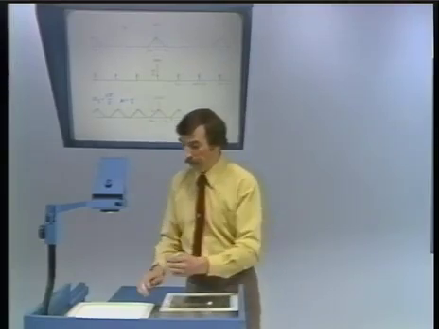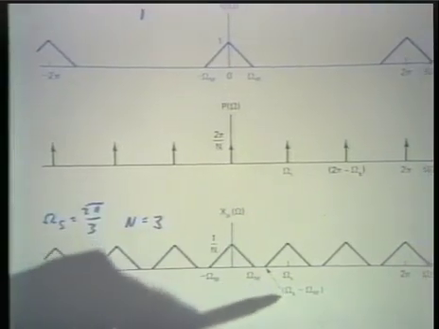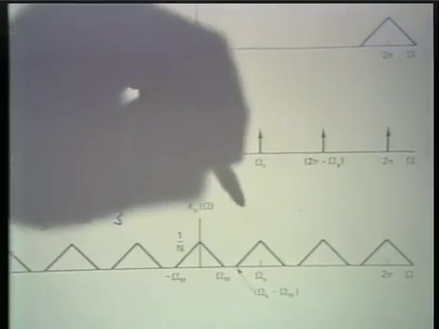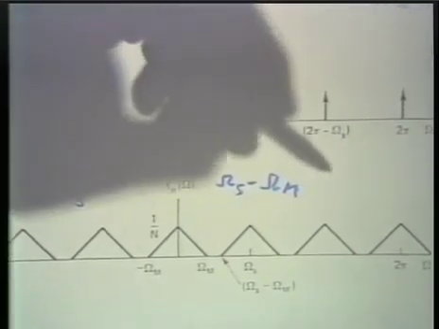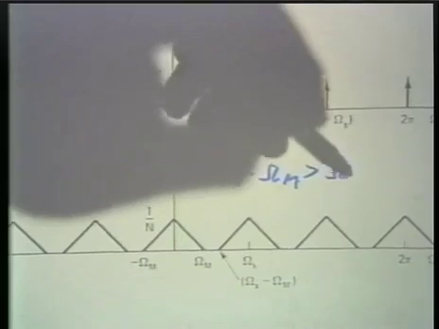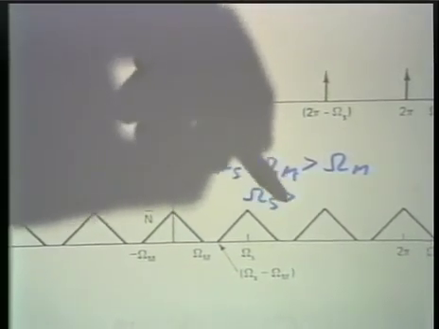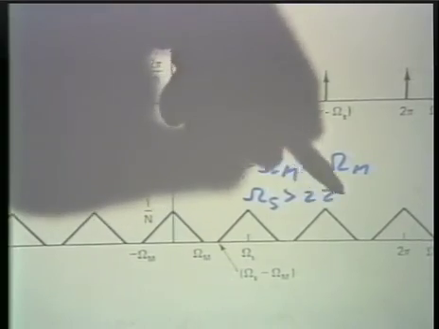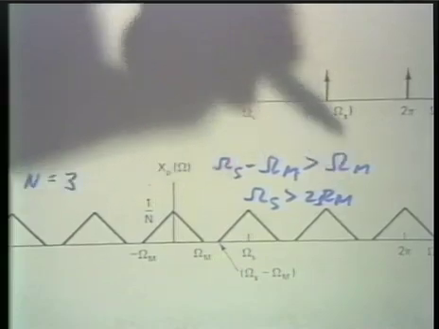Well, notice in this picture that we've chosen this picture so that omega sub s minus omega sub m is greater than omega sub m, or equivalently so that omega sub s is greater than 2 omega sub m.